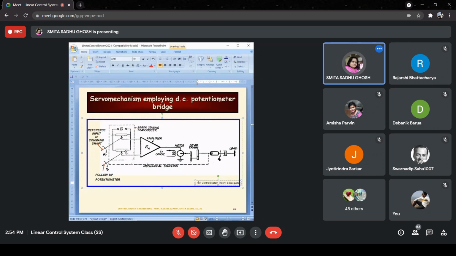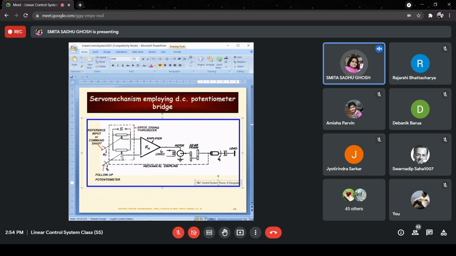But anyway, you can understand that theta r is what is written over there at the shaft to which this pointer is connected, and theta c is what is written at the shaft of the second pointer given over here.